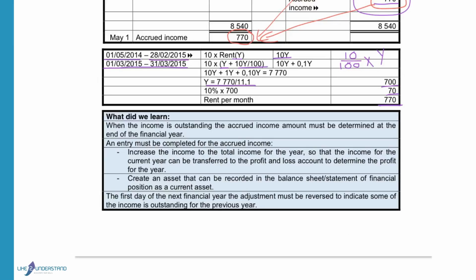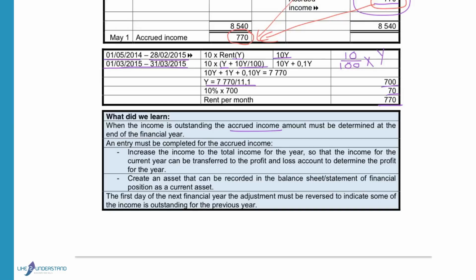What did we learn? When the income is outstanding, an accrued income account must be created so that we can determine what is the accrued income and that we can record the actual amount that we are supposed to get at the end of the financial year to indicate the income for the year. An entry must be completed for accrued income.